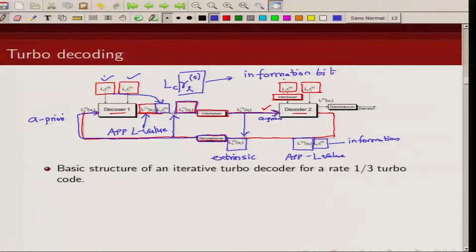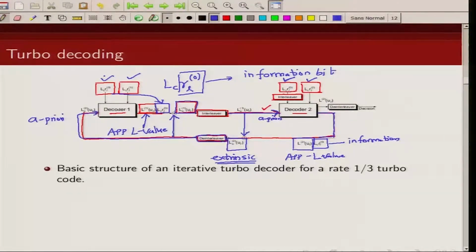In addition, decoder 2 has this received parity bit, which is this one, and an interleaved version of the information sequence as input. So, it will again compute the APP L value and subtract the contribution of the information bit and the a priori value, and then we get back extrinsic information.